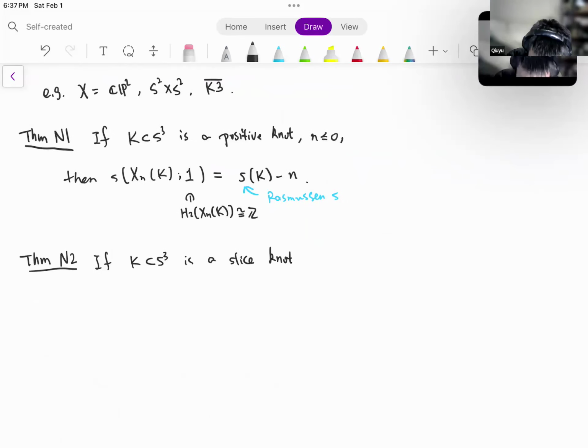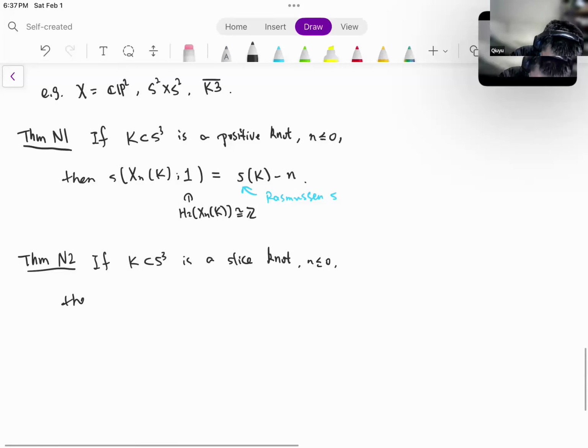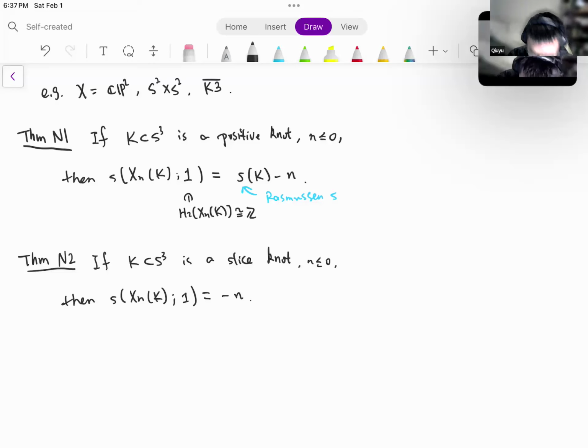The second theorem says that whenever we have a slice knot and again a non-positive framing, then the s-invariant of the n-trace on K at +1 is simply negative n. Well, I guess maybe I could have stated the two theorems together, because a slice knot always has Rasmussen s-invariant 0.